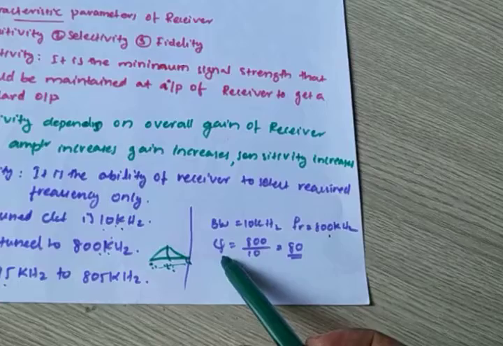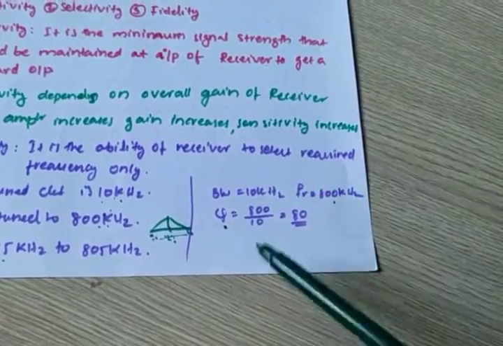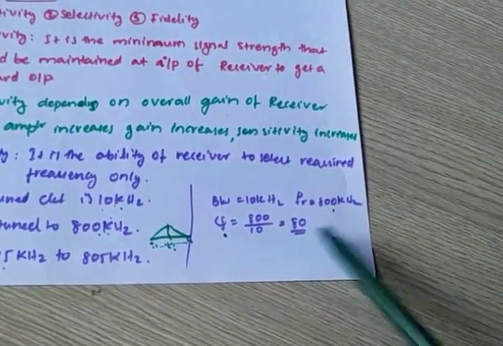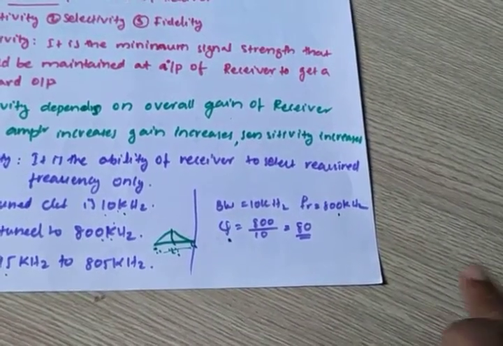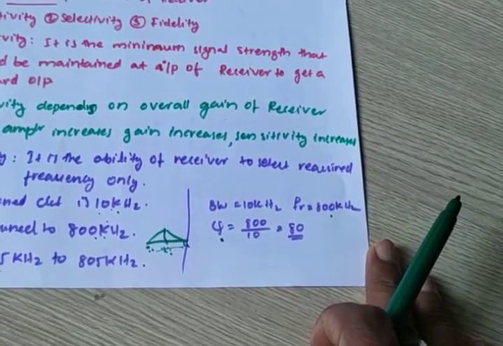So what is the quality factor? Quality factor is nothing but resonant frequency by bandwidth. So Q is equal to 800 by 10, that is 80. So the quality factor is 80 here.